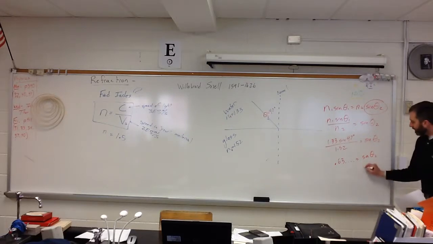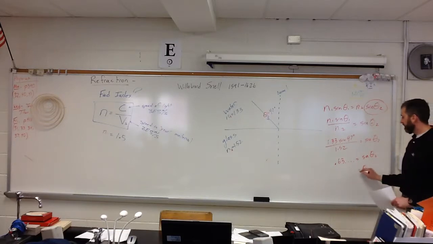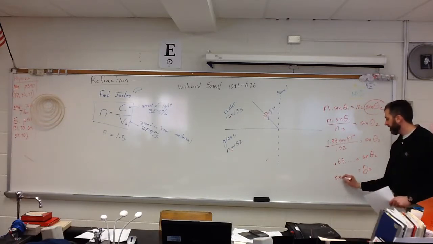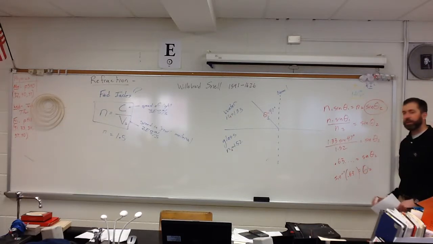But how do I get it so it's just theta equals? What do I have to do to get rid of the sine? Yeah, arc sine, the sine to the -1. So basically I have to take the arc sine, sine to the -1, of 0.63 and all that stuff on my calculator.